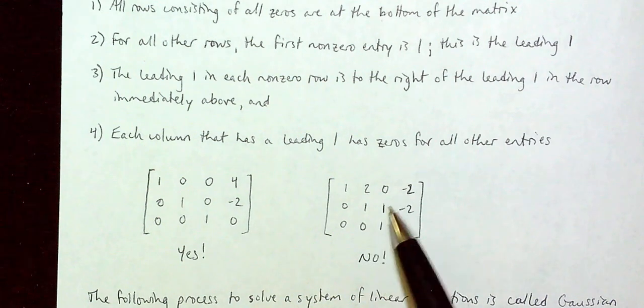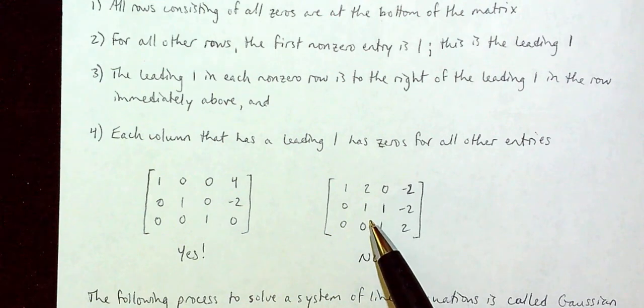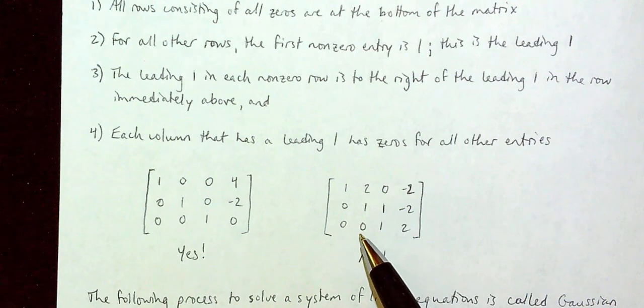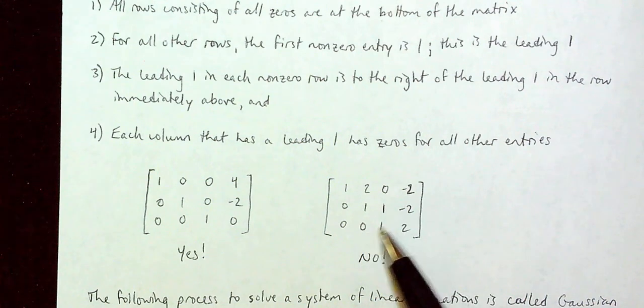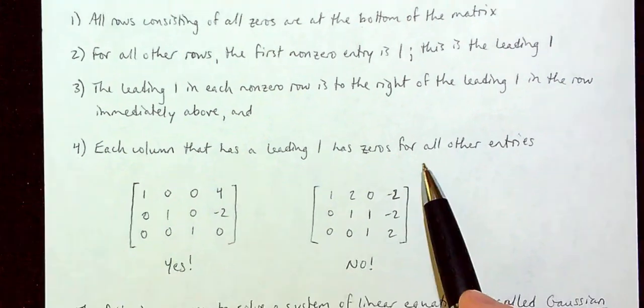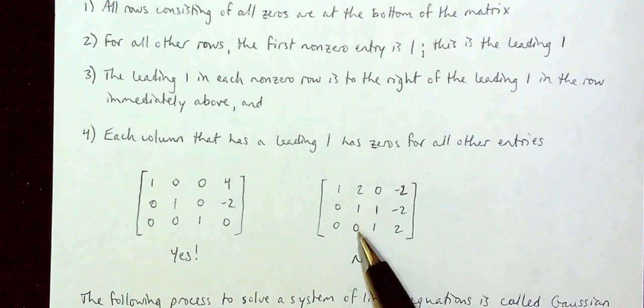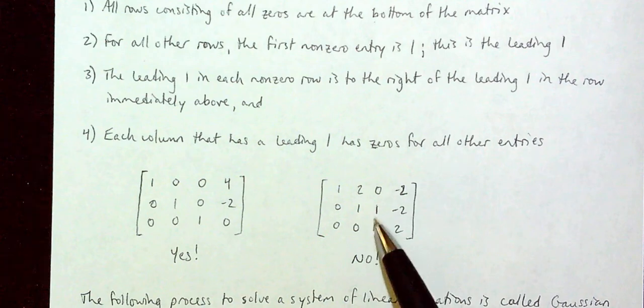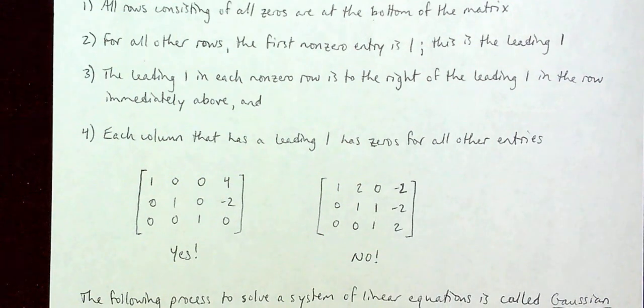We do have it so that the leading 1 in each non-zero row is to the right of the leading 1 in the row immediately above it, so that's fine, but number 4 fails. We don't have it so that in every one of our columns that has a leading 1, all the other entries in that column are zeros. That's not happening here. So this is not what we want. We want this to be in row-reduced echelon form.